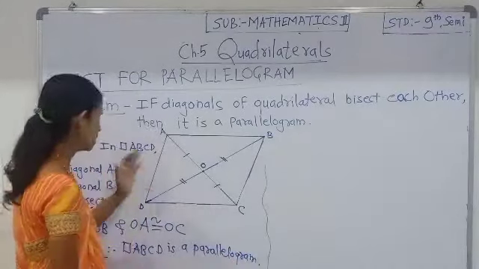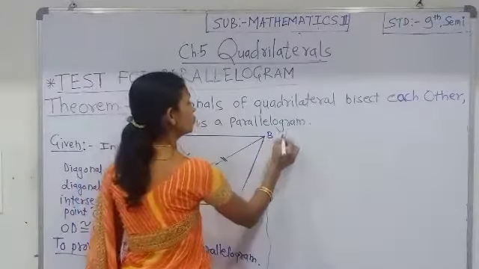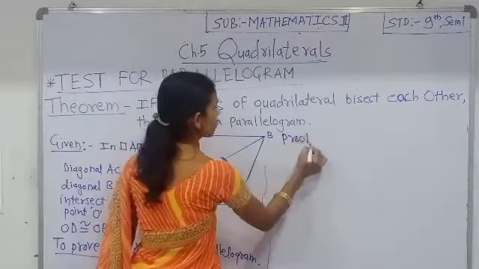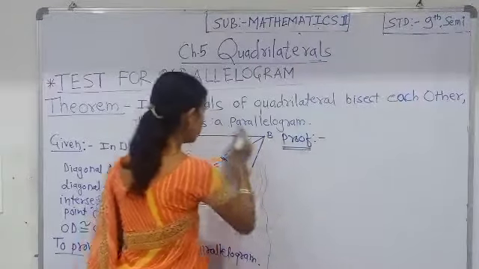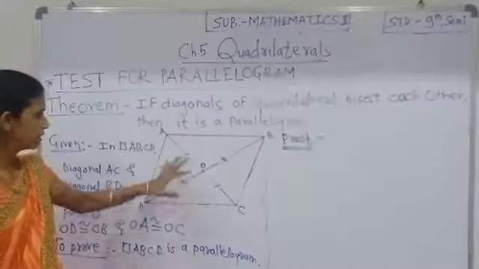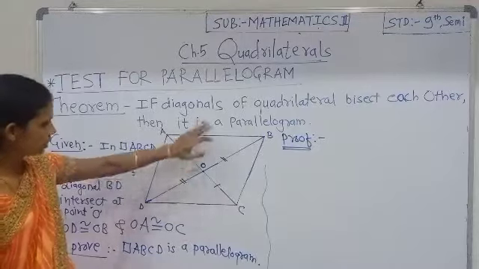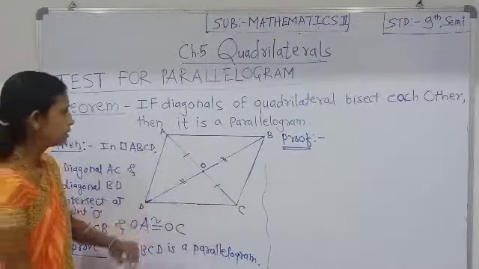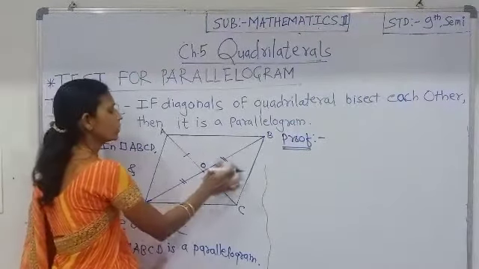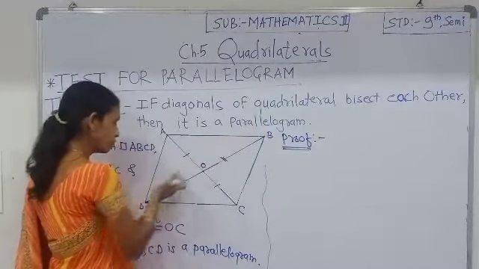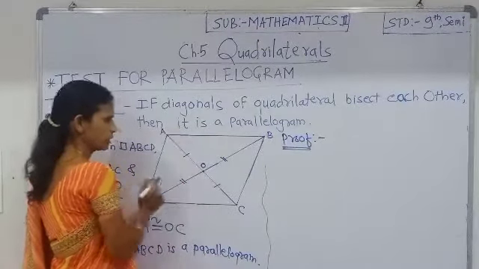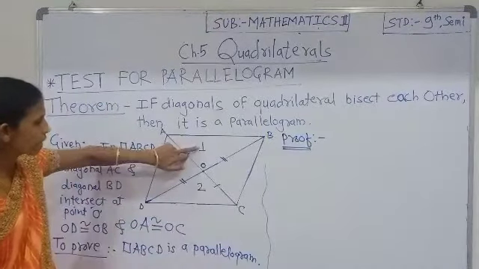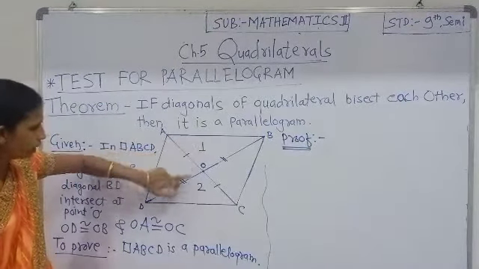We have to prove this property by the given conditions, so focus on this figure. A few triangles are formed because of the two diagonals. I have marked those triangles as 1 and 2.